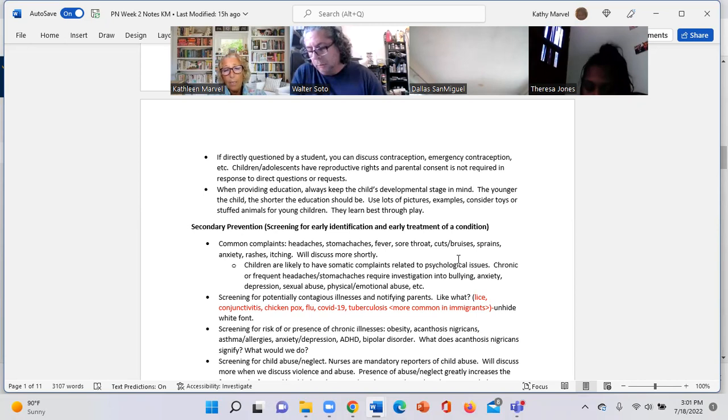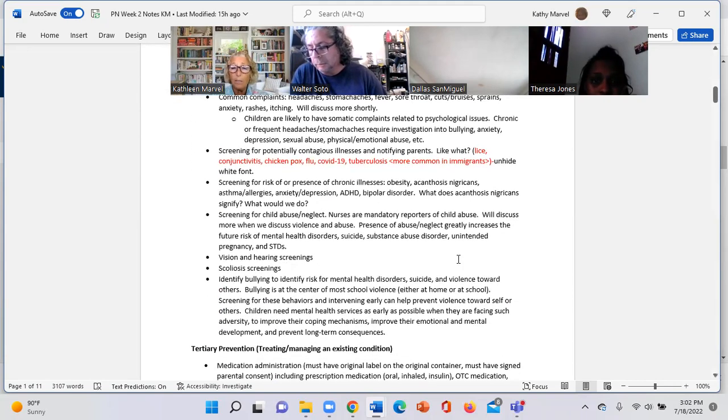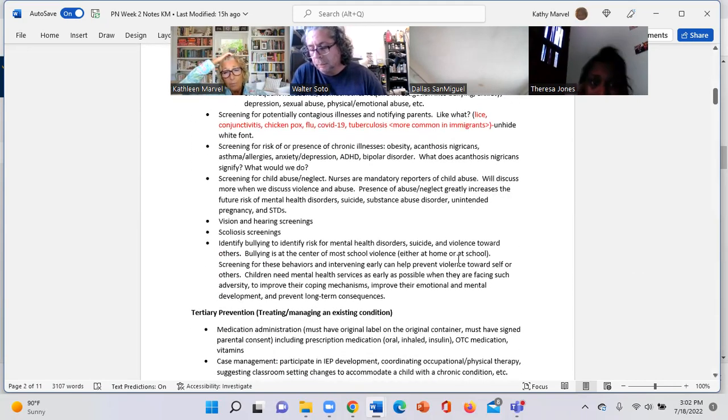Okay, so another example of secondary prevention is screening for potentially contagious illnesses. We talked about this: lice, conjunctivitis, chickenpox, flu, COVID. Screening for risk or presence of chronic illnesses, obesity. Okay, there is always going to be a group of kids that are at risk for obesity, right?